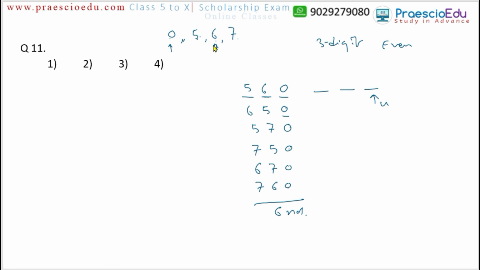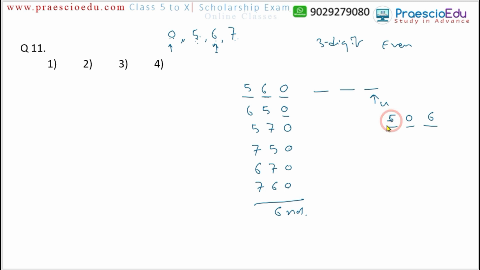Then we are taking the 6 at the unit place. So let me just write down here 6 at the unit place. Then after the 6, 0, 5 and 7, these are the 3 digits we can use. So first take the 0 and 5, but we could not start with the 0, so we have to start with the 5 and then with the 0 we can take it.